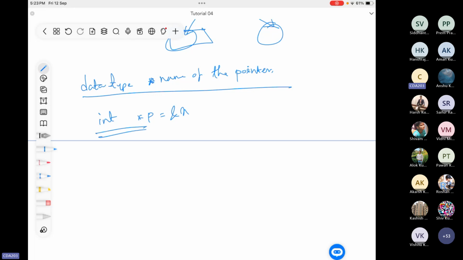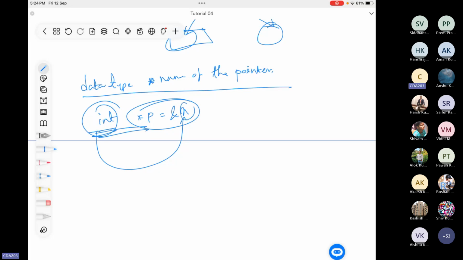So if you write just integer star p, what does it mean? If you don't assign anything to it, it's a pointer, but it doesn't know where to point, because the variable is not given. That's why you have to define a variable for which you are defining a pointer, and mind it, this data type should correspond to the value it's pointing to.